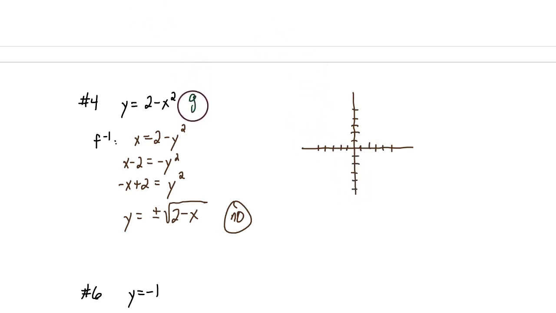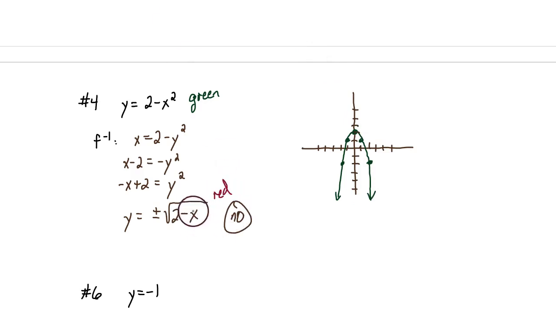Let's do the original in green. When x is 0, y is 2. And then we have a downwards opening parabola. We'll do our inverse in red ink.